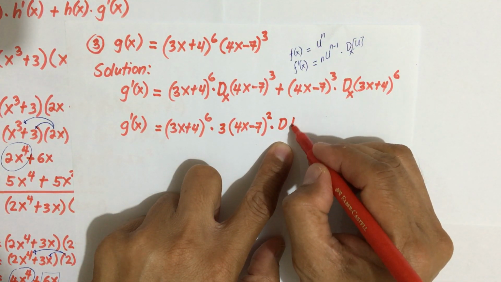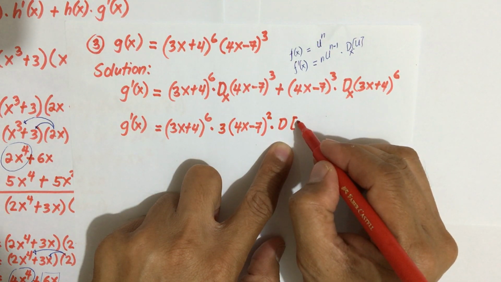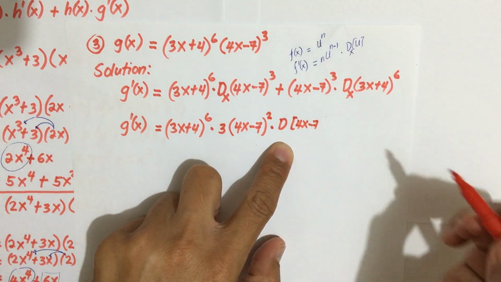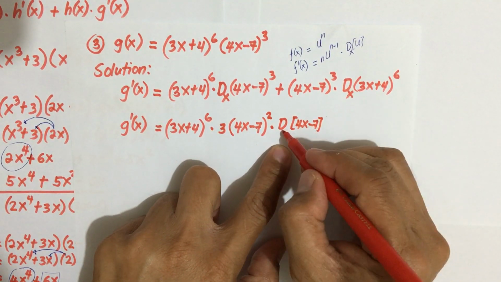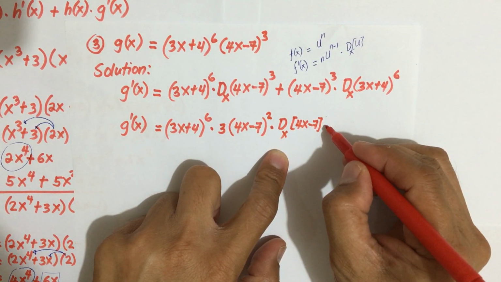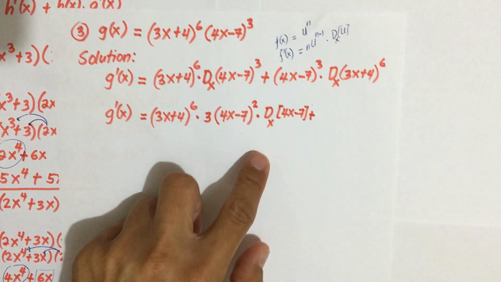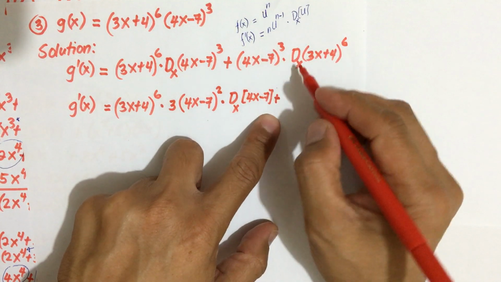Okay, so we'll just rewrite it. So derivative of 4x minus 7 with respect to x, then plus, we just copy this.